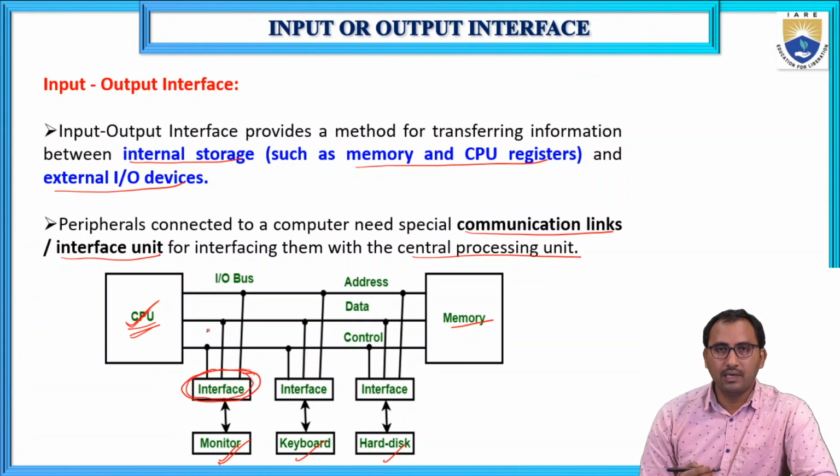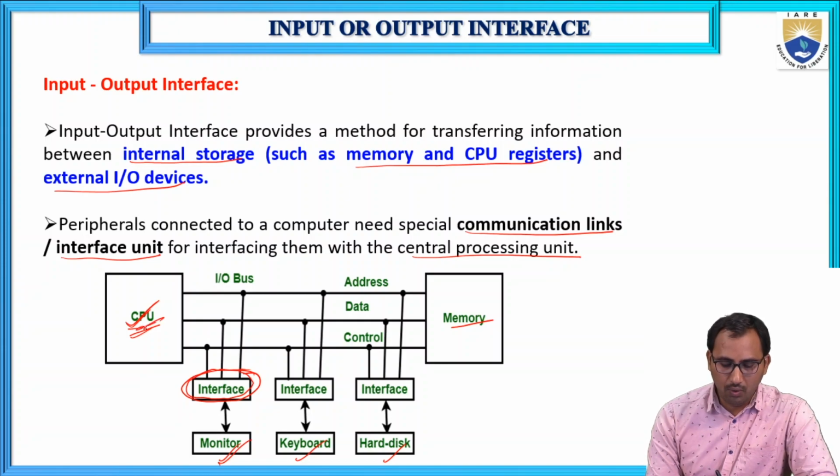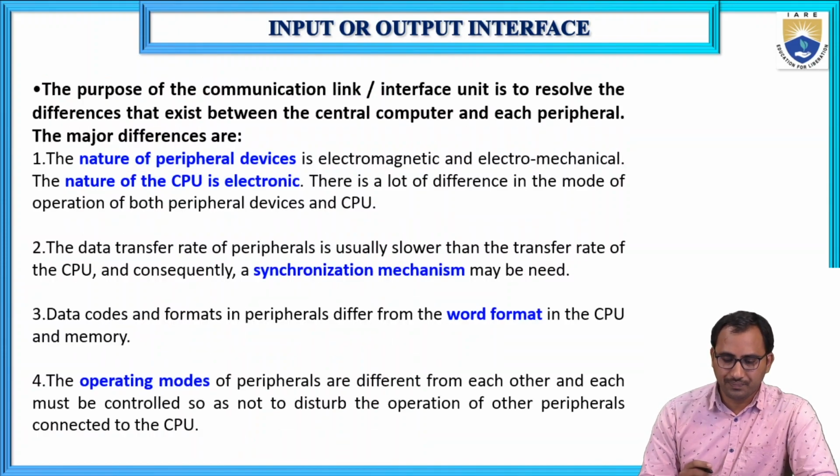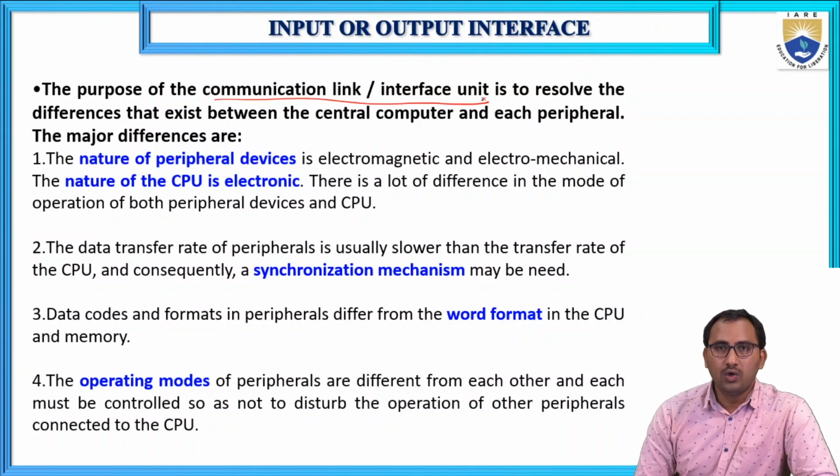So we have some differences between the CPU and the IO devices. Let's see the differences. The purpose of the communication link or interfacing unit is to resolve the differences that exist between the central system CPU and the IO devices.